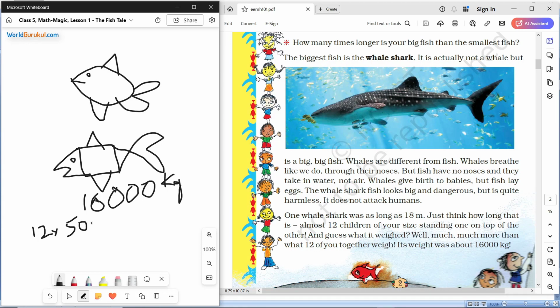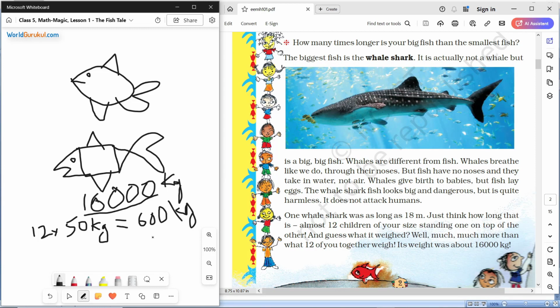No, they don't weigh that much, just saying that. Maybe 30 to 40, 45 kg. Okay, let us take round figures here. So 12 50s are how much weight? 600 kg. 12 children together weigh 600 kg, whereas a big shark weighs 16,000 kg. Kg stands for kilogram.